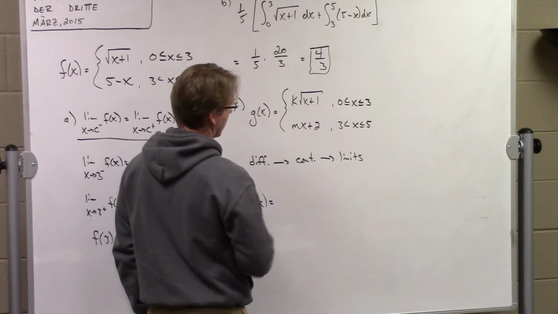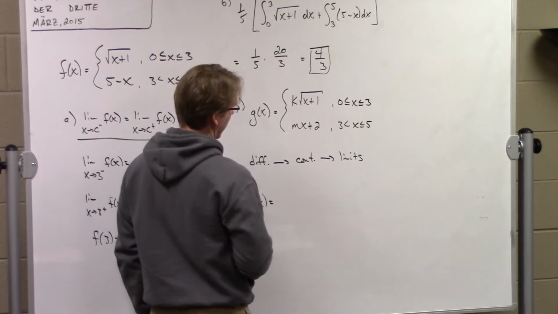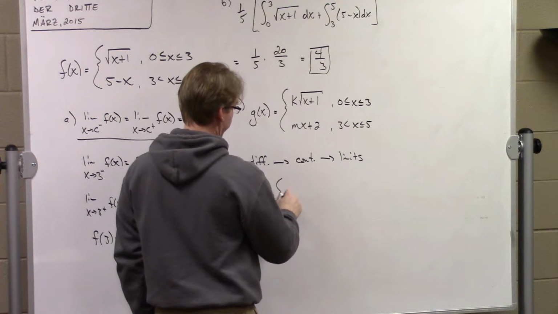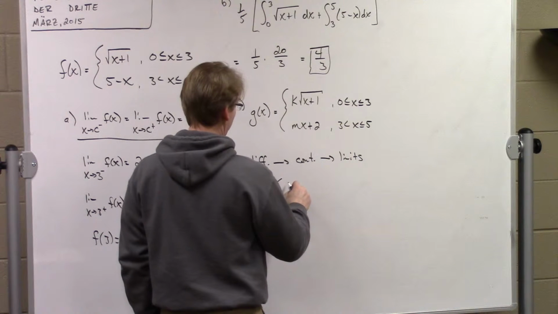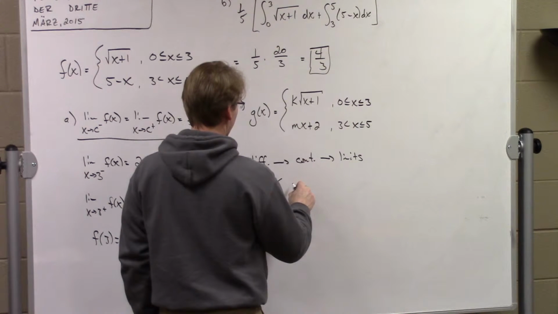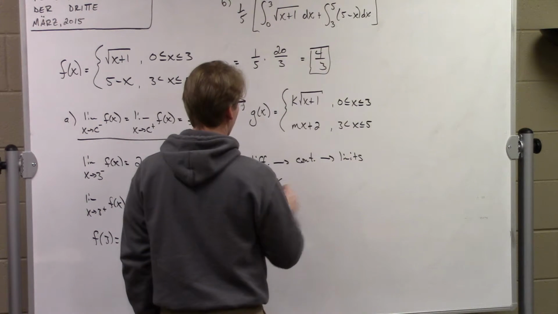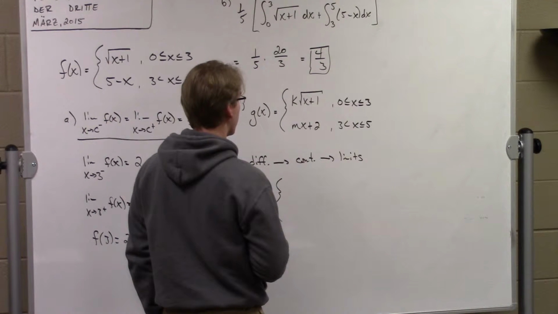All right, g prime of x. Irritating derivative, let's see. That's going to be 1/2. So k over 2, well, k times 1/2, that to the negative 1/2.